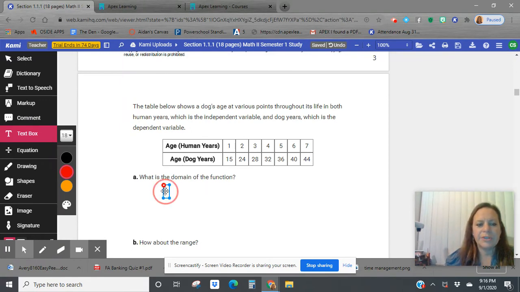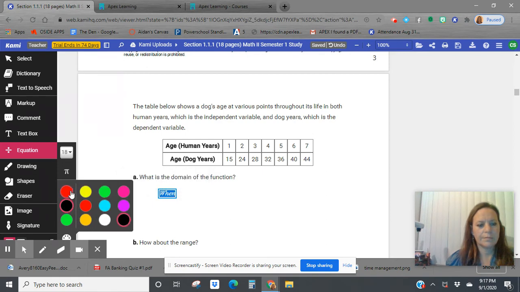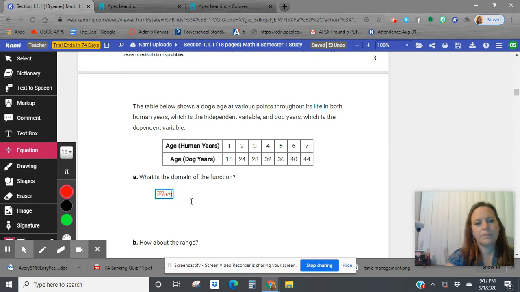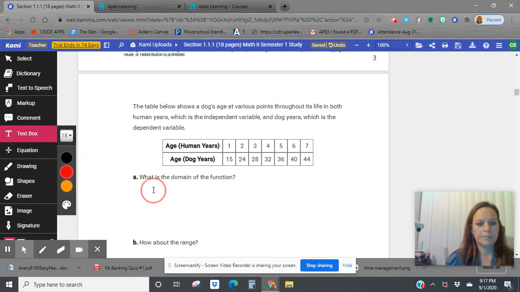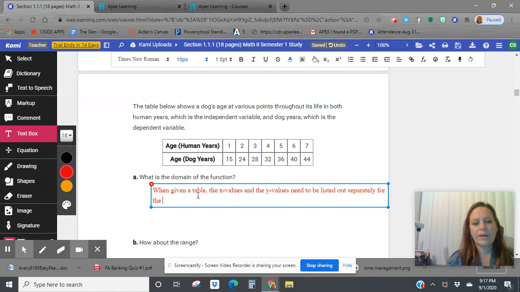So what is the domain of this function? Because this is a table, the x values and the y values need to be listed out separately for the domain and range.